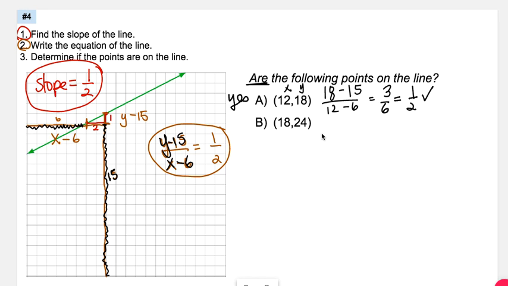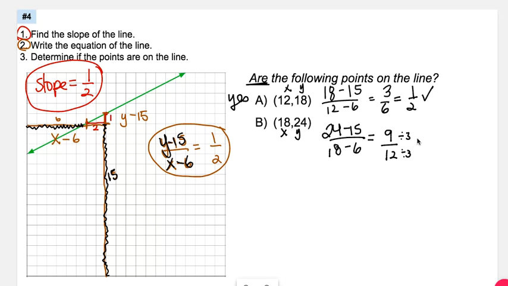Now for B, same thing. Now I'm going to substitute a 24 for y and an 18 for x. And we're going to get 9 over 12.